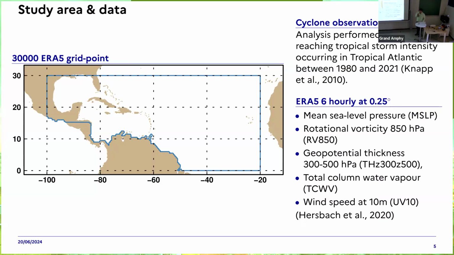And I chose low resolution variables from the ERA5 dataset: the mean sea level pressure, the relative vorticity at 800 hectopascal, the geopotential thickness between 300 and 500 hectopascal, the total column water vapor, and the wind speed.